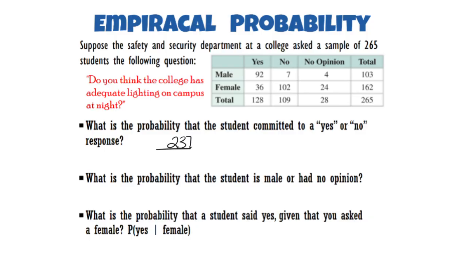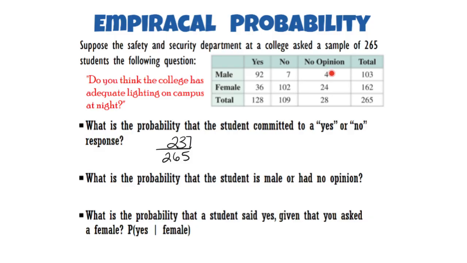All right, what is the probability that a student is male or had no opinion? Okay, so male would be right here, a total of 103, or had no opinion, that's a 28. So we would add those two together. The problem with adding the 28 to the 103 is that you double counted these guys right here.